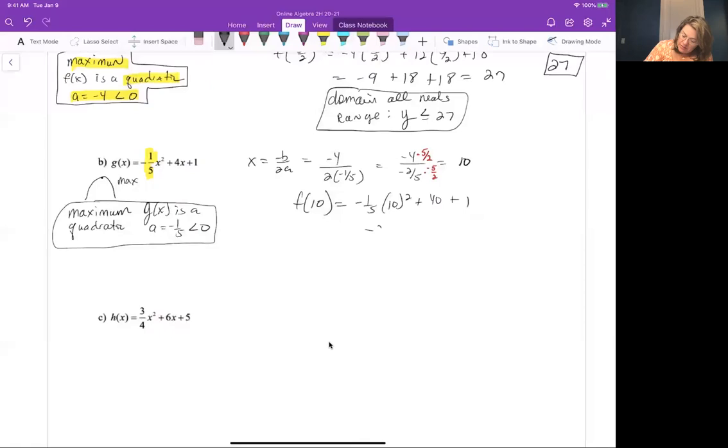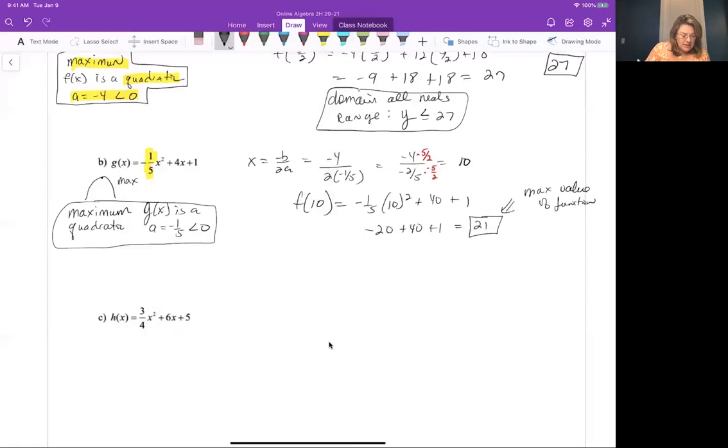So negative 20 plus 40 plus 1. This is equal to 21. So this is my maximum value of the function, because the function is your output. That's the maximum value of f of x.